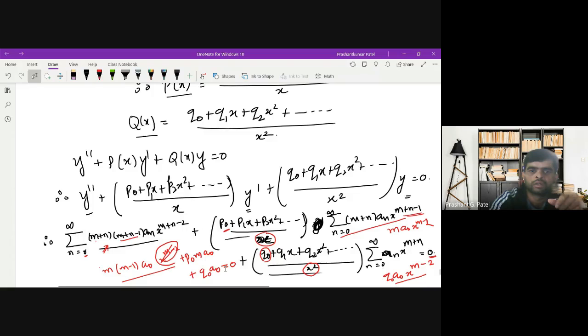Then what I will do is I just take out this a0, which is common in each and every term here.